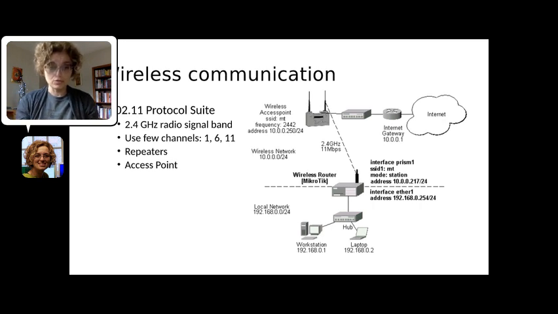What we use for wireless access is called an access point, or AP. You may hear that abbreviation. And you have to bear in mind that even though wireless communication is quite prevalent, it's limited in range.